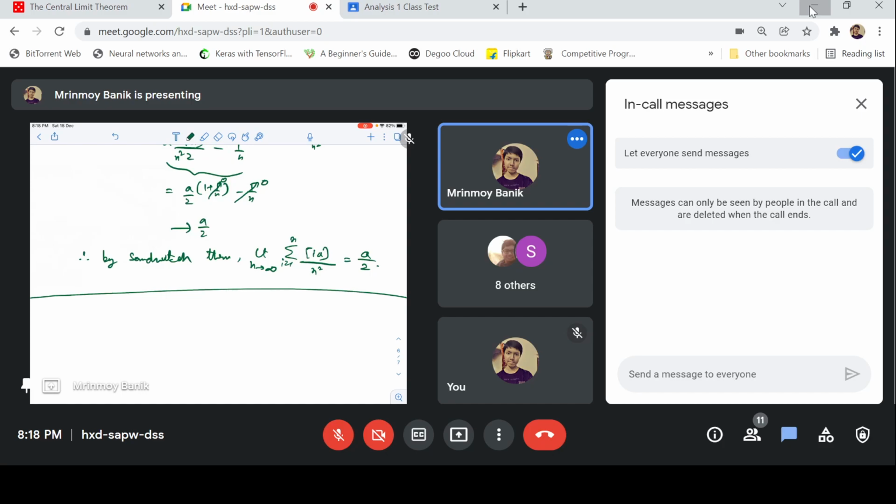Therefore, these two imply f of xn should be less than epsilon, since mod of xn minus a is less than delta epsilon. So that's according to definition 1.